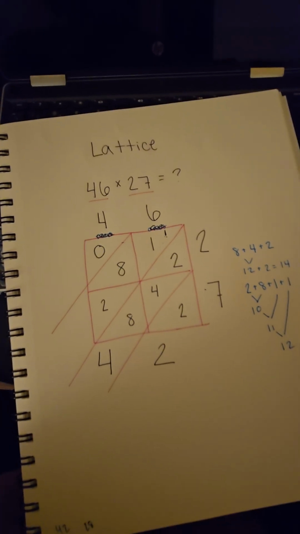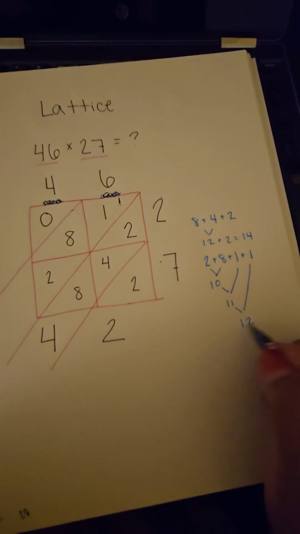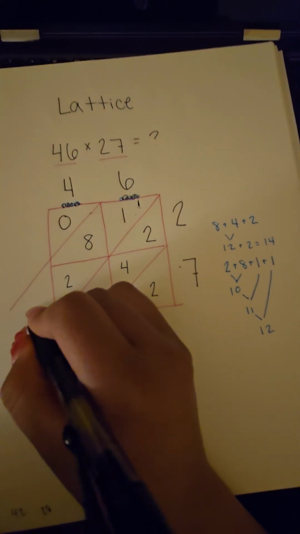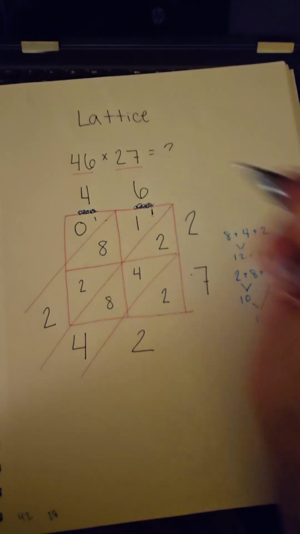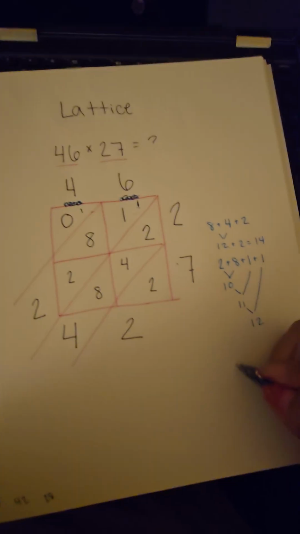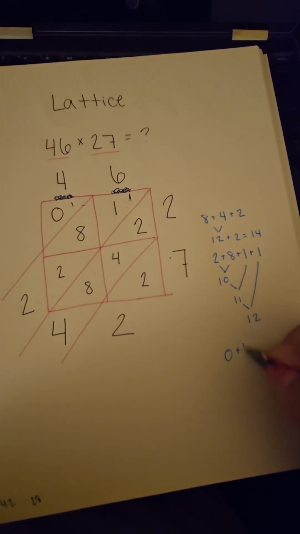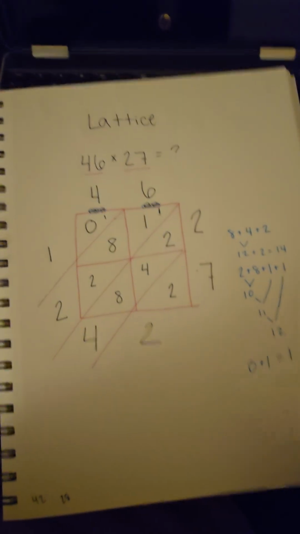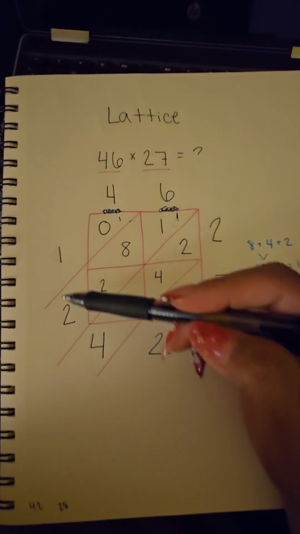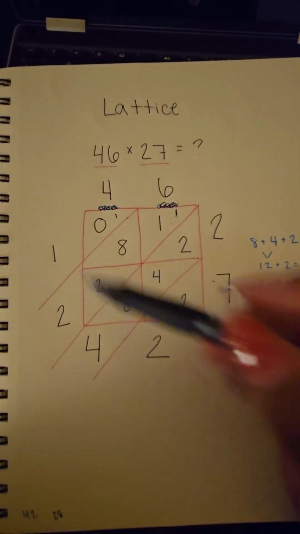Again, this is 2 digits. We can only keep one of them. So we put it here and then we regroup and put it up here. This one's pretty simple. 0 plus 1 equals 1. Put that 1.